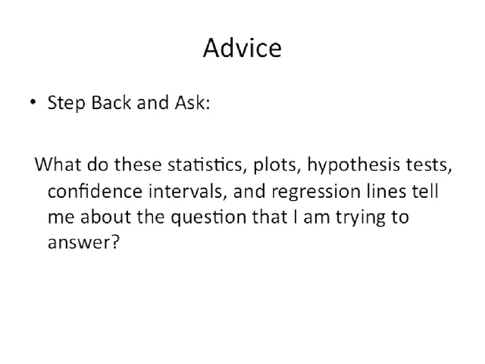But basically, I want to make sure that when you're doing your analysis, you step back and ask yourself, okay, what am I doing? What do I see here in the statistics? If there's summary statistics I'm calculating, a plot I'm making, a hypothesis test I'm conducting, a confidence interval for an underlying population, the regression line or smooth curve that I'm fitting to my data, what am I doing? How is it helping me answer my overall question?